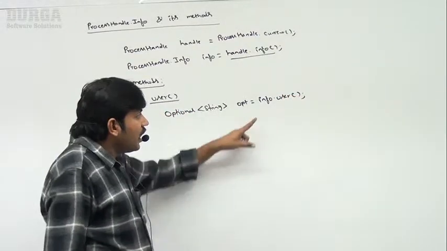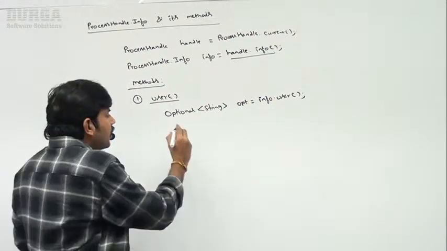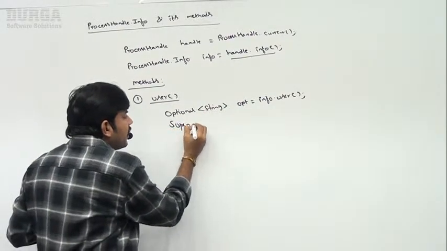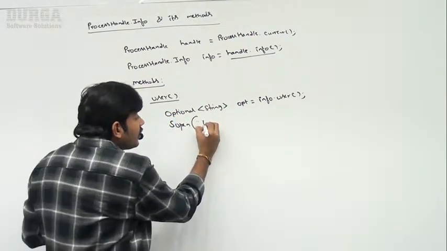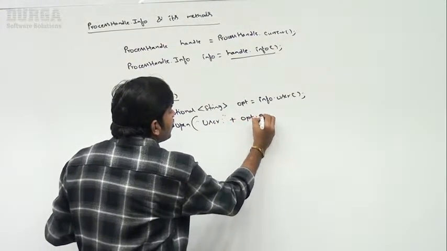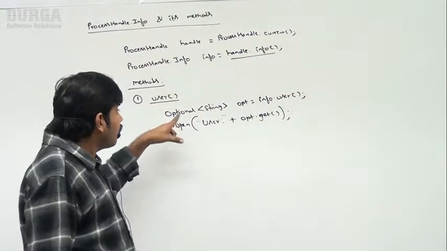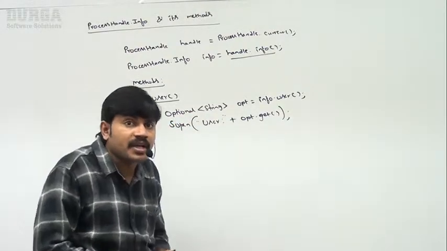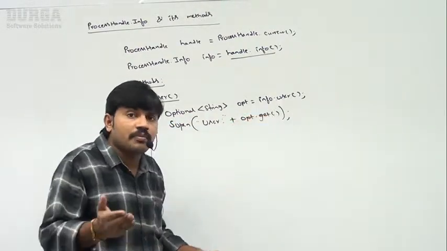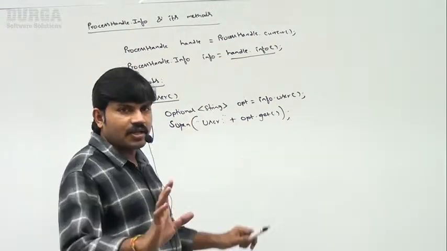Sir, now I got the user Optional object, right? Now System.out.println, who is the user of this process? Sir, opt.get() is the method. Are you getting, right? Why is it going to return an Optional object? Because sometimes the user may be available or may not be available.